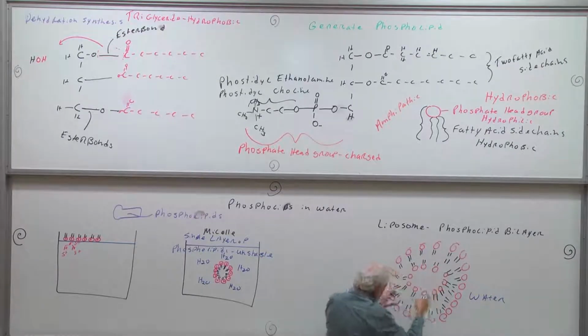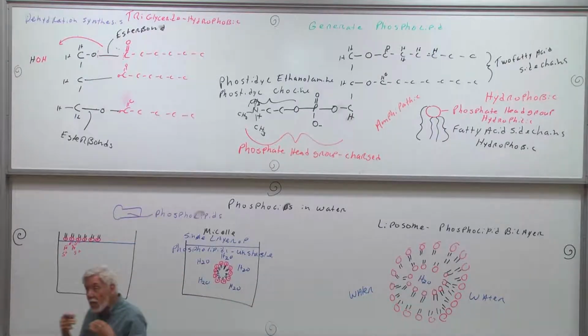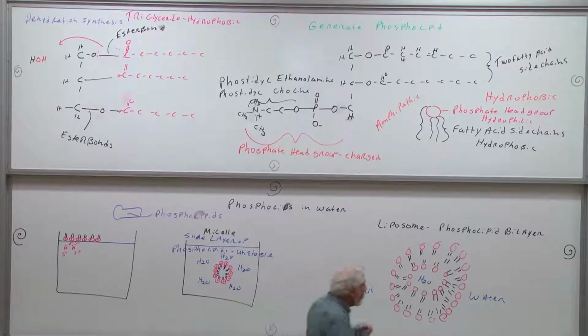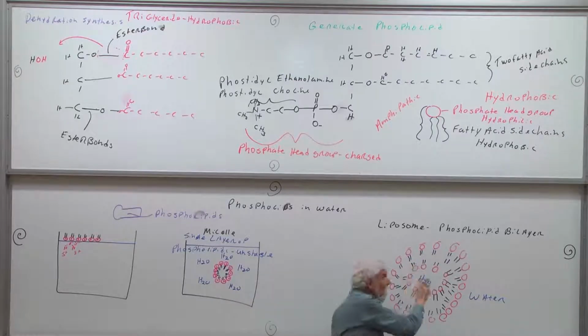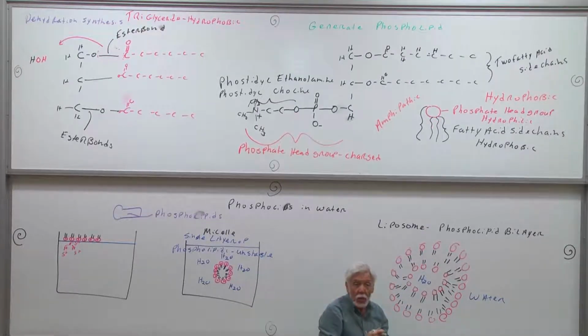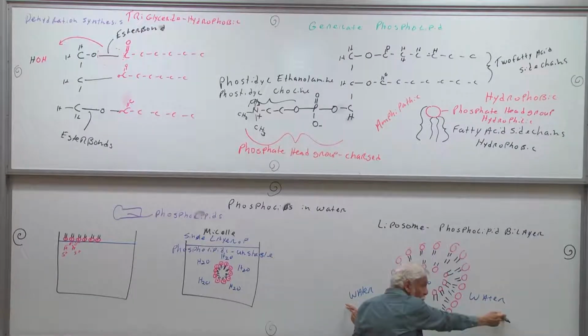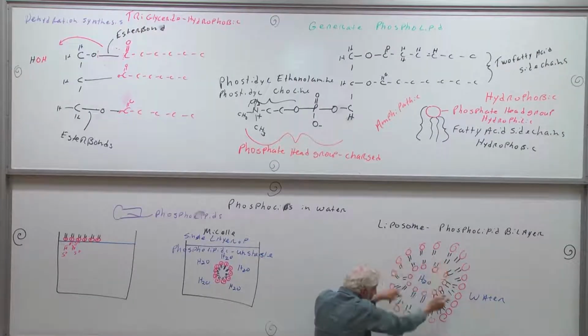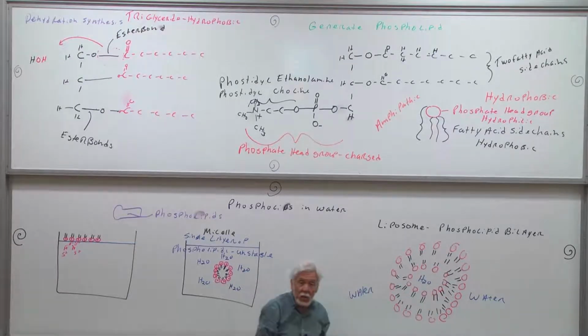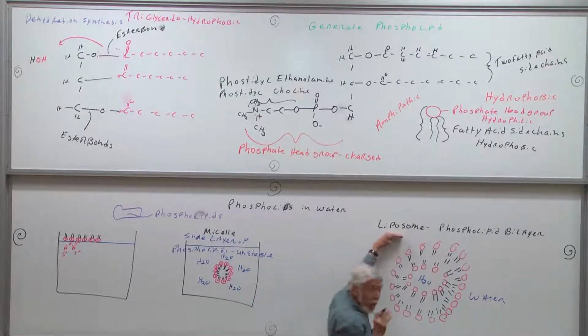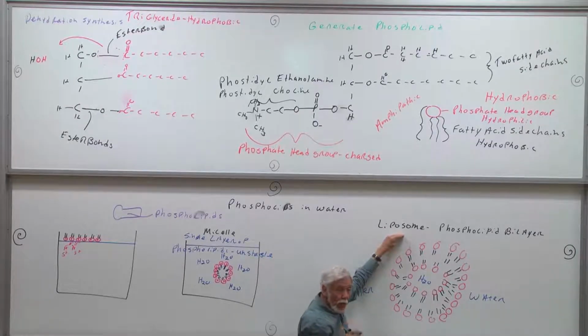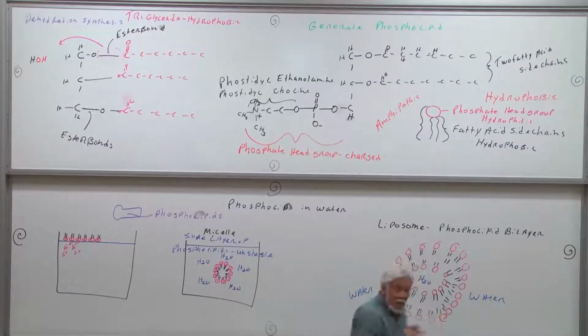Now, in the middle of this, we can safely put water, because it will be thermodynamically favorable for these phosphate head groups to face water. So we can imagine a droplet of water in the midst of this phospholipid bilayer. The outer perimeter is facing water on the outside, and the inner perimeter is facing water on the inside. And we've formed, using a bilayer, a stable arrangement of phospholipids in an aqueous environment.